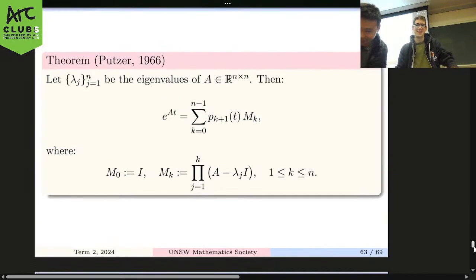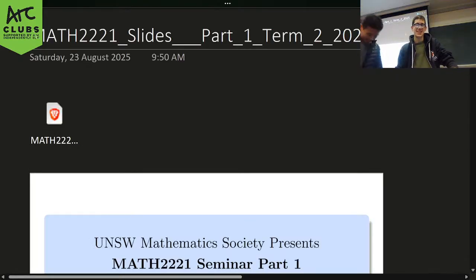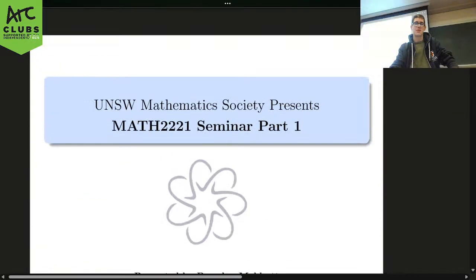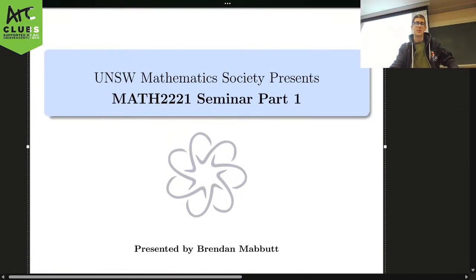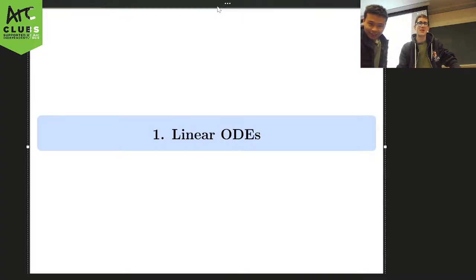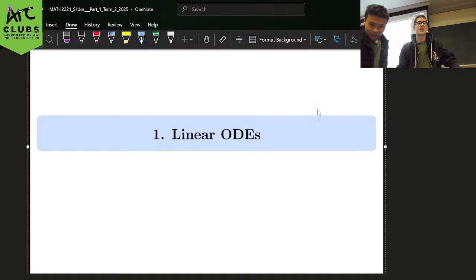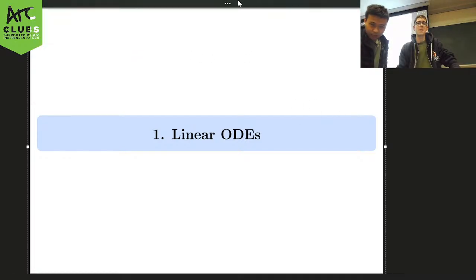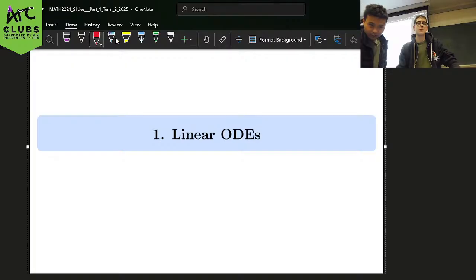That was okay, good enough. Okay, minimize errors. All right, so let's get started then. Wait, how do I change colors? You're just going to have to do it manually. I'll just stick to red then.